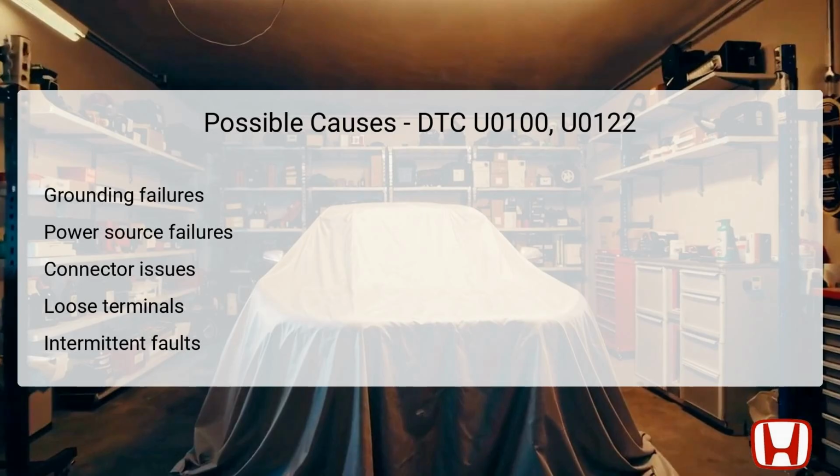It's important to inspect connectors for damage and ensure all terminals are securely attached, as connector issues or loose terminals can interrupt communication. Intermittent faults may occur sporadically, complicating diagnosis, so it's crucial to conduct a thorough examination of the vehicle's wiring and connections to identify the root cause effectively.